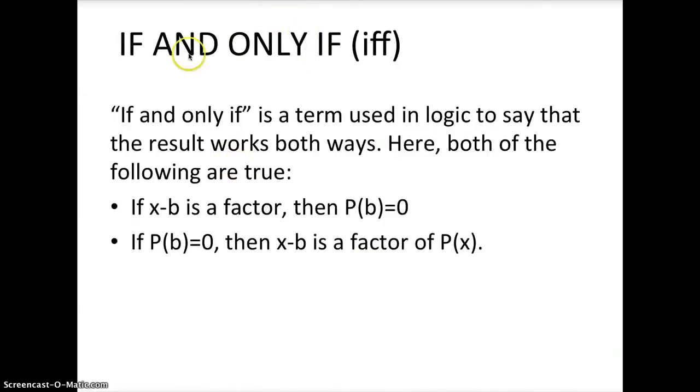If and only if is a term used in logic to say that the result works both ways. Here, both of the following are true: if x minus b is a factor, then P(b) equals 0; if P(b) equals 0, then x minus b is a factor of P(x).